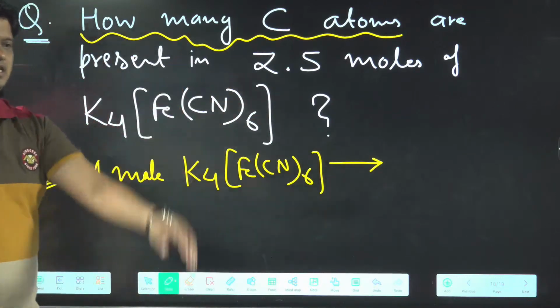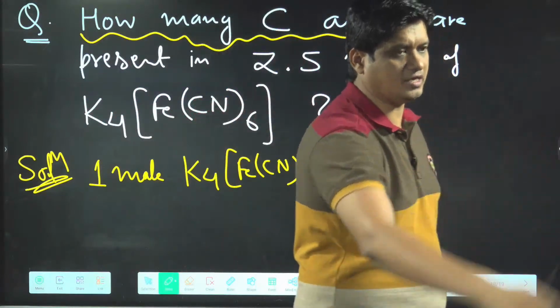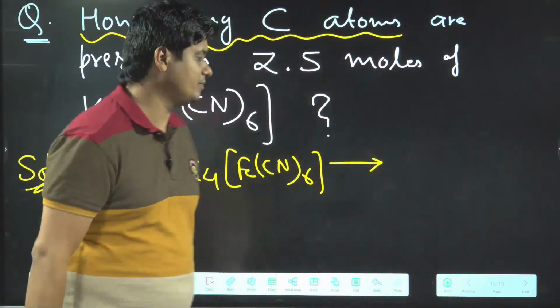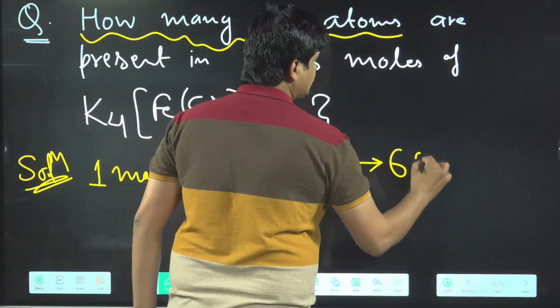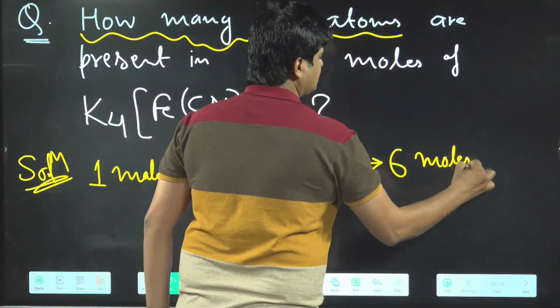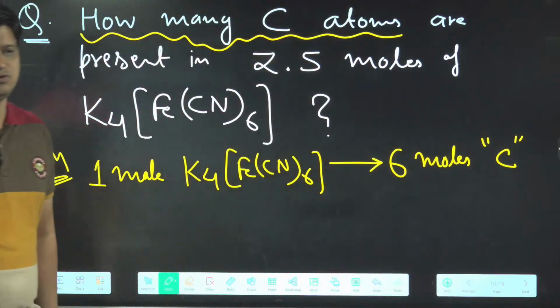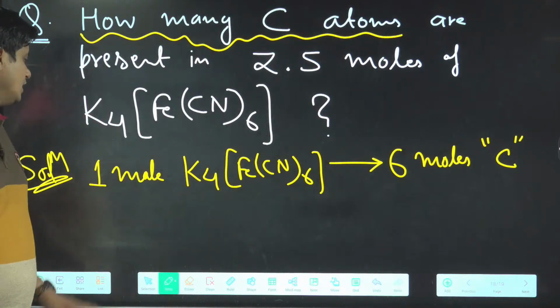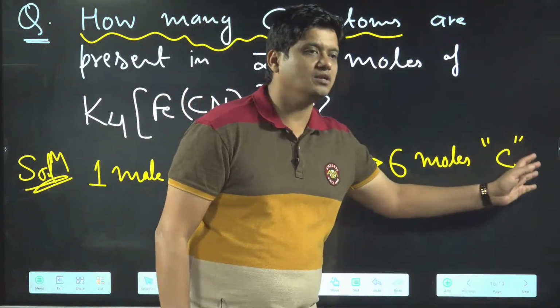Please reply, 6 mole. Yes, I have asked mole. Okay, no problem. 1 mole of K4Fe(CN)6 contains 6 moles of carbon atom. Got the point or not? Very good.